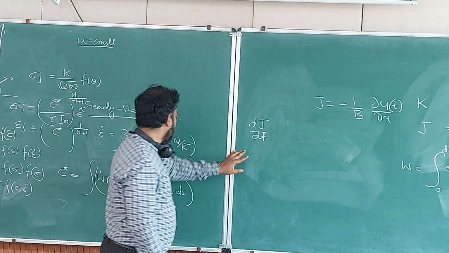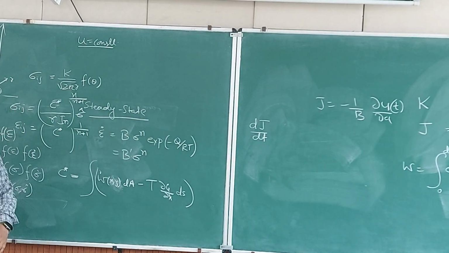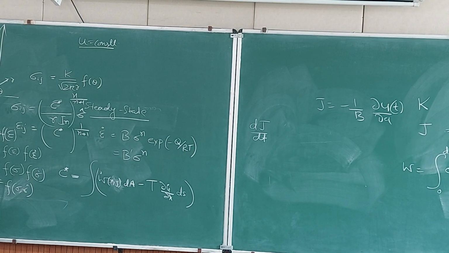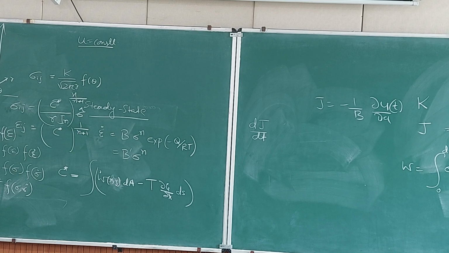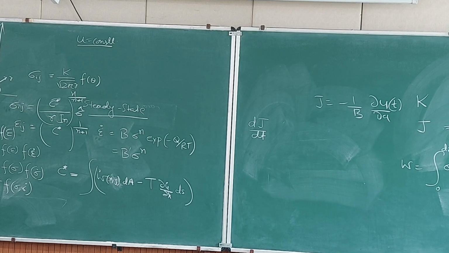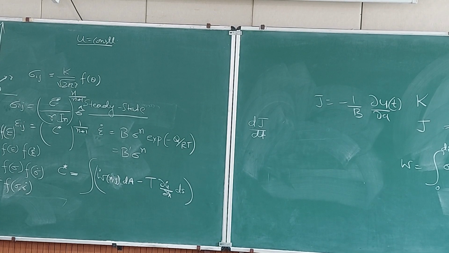So do you think this and these are equal? Do you think C star is equal to dJ by dt? U dot should be there. Yeah, that is J. When you take dJ by dt, U dot will come. Then that will be equal to C star.